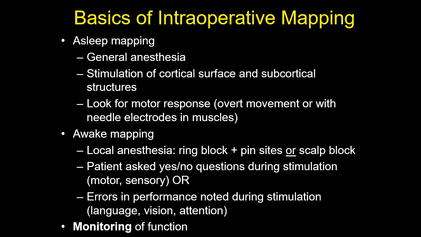Patients are either asked yes or no questions during stimulation for motor and sensory mapping, or errors in performance are noted during stimulation for language, vision, attention, or other cognitive domain mapping paradigms, as interpreted by the neuropsychologist or speech therapist sitting with the patient.